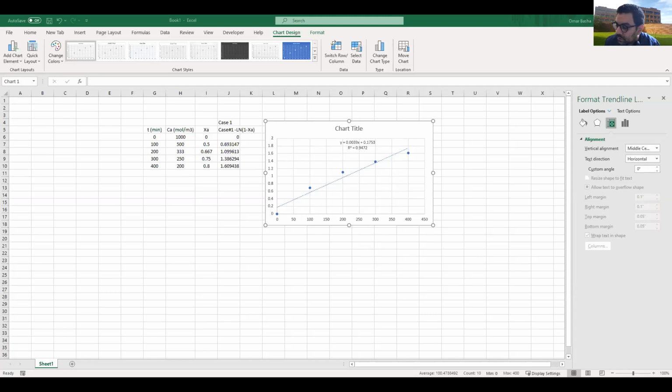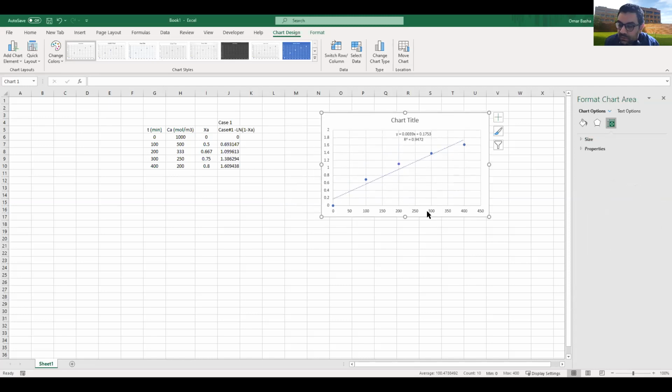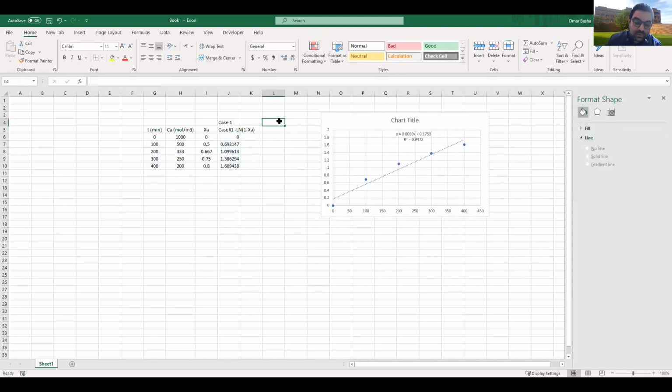Let's have a look at our slides here just to double check. So there's a very high chance that it's a first order reaction, right? But let's just test. Let's just test for case number 4, right? Case 4, which is an nth order reaction.